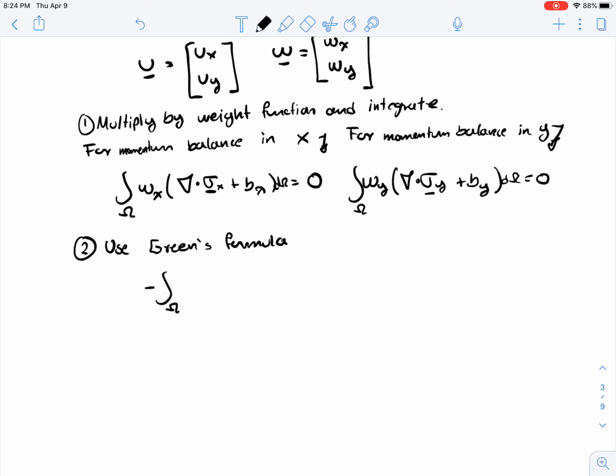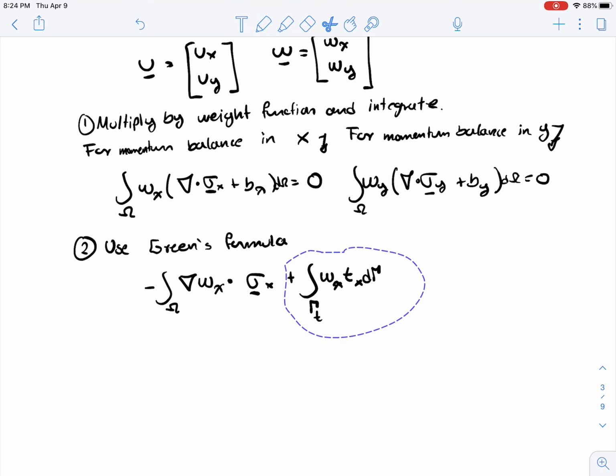So if you use Green's formula, I'm just going to skip through it, but you're going to pass this gradient from the sigma x to the wx. So I'm going to end up with the gradient of wx dotted with the sigma x vector plus the integral over the boundary of wx times the x component of the traction over the boundary.